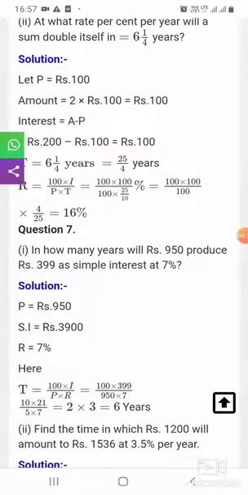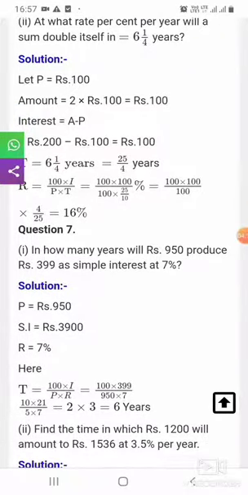So what do we want? We want to find the time period in years. So P is equal to 950 rupees and simple interest is 399. Again it is a print mistake, it is not 3900, it is 399. Now R is equal to 7%.